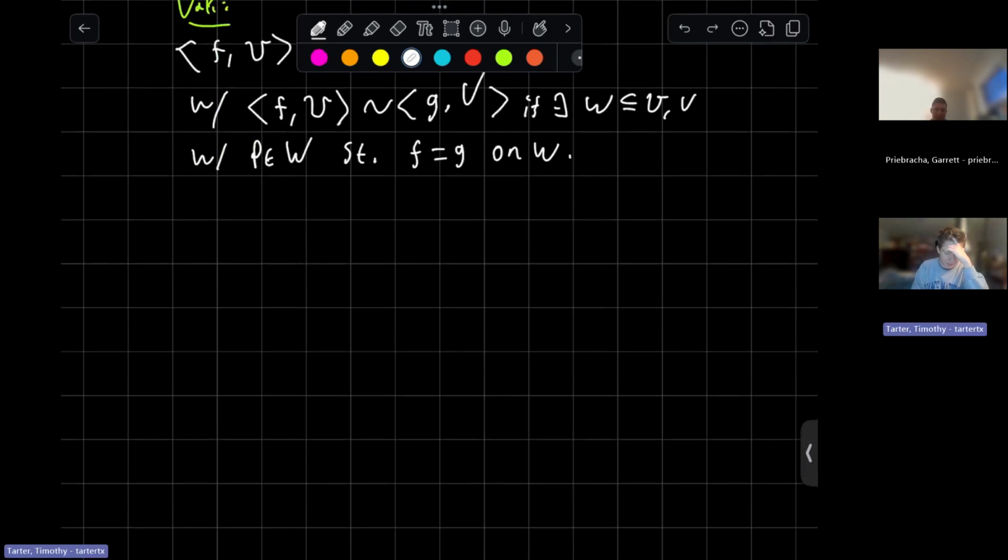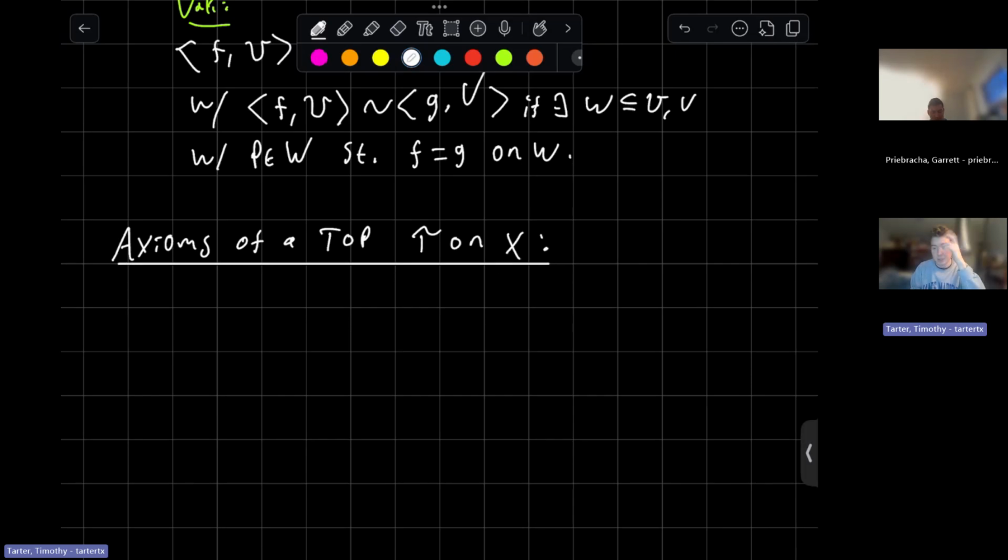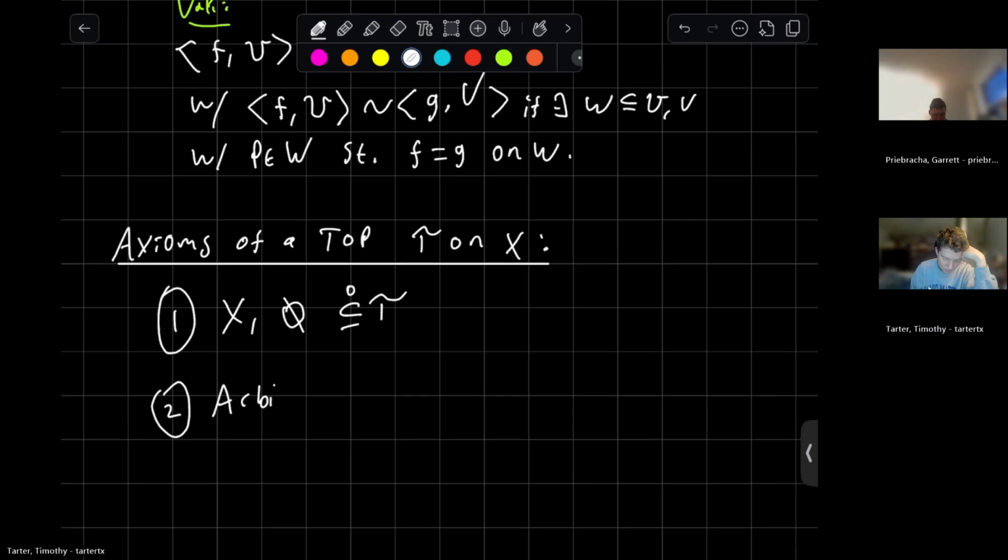We have the axioms of a topology: a topology tau on a set X is a collection of open subsets of X such that the whole space X and the empty set are open in tau, and that arbitrary unions of open sets are open.